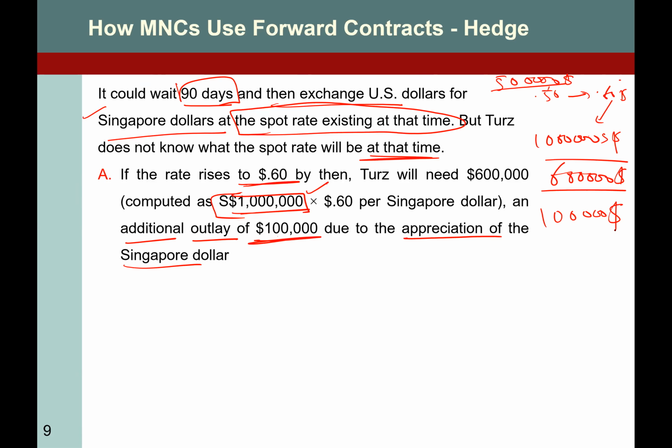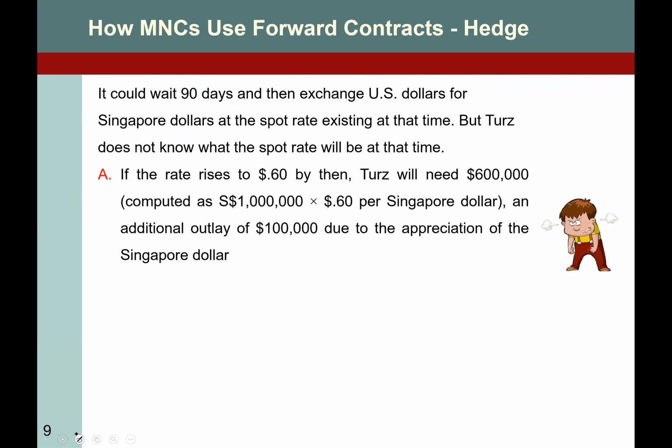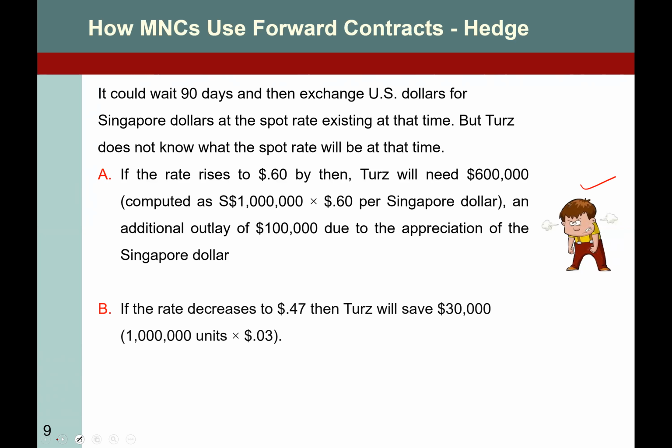It means you would be having a loss. Do you think it's a small loss? Is it a bearable loss? It's a huge loss. Okay, now what happens if the opposite happens? The rate decreases. You will be very, very angry when the rate goes up. What happens here if the rate decreases to 0.47?